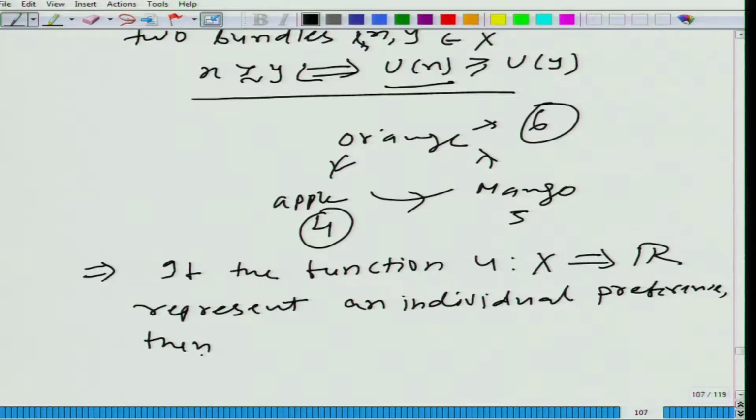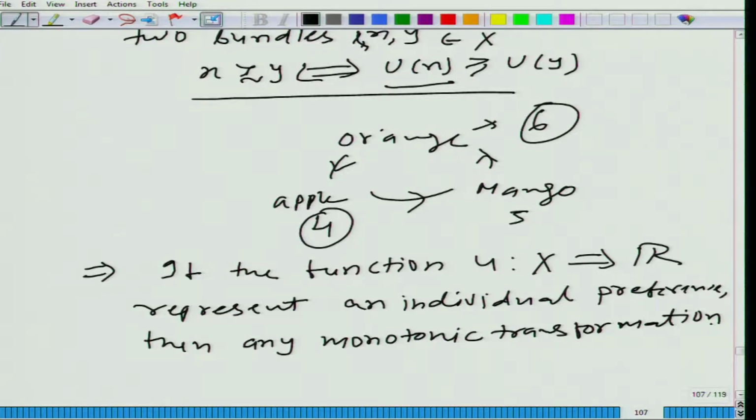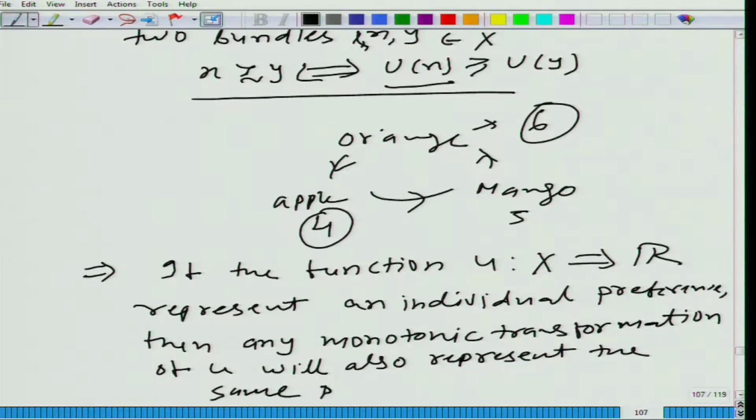Then any monotonic transformation, I will come to it, what is monotonic transformation, any monotonic transformation of U will also represent the same preferences. Fine, is it clear? Yes, sir. Let me give you an example.